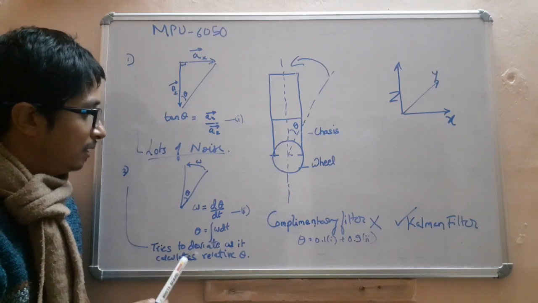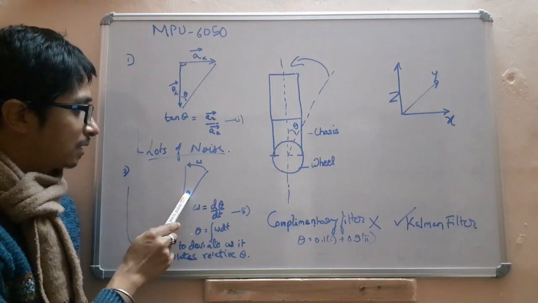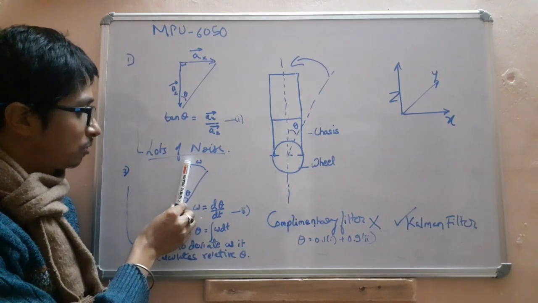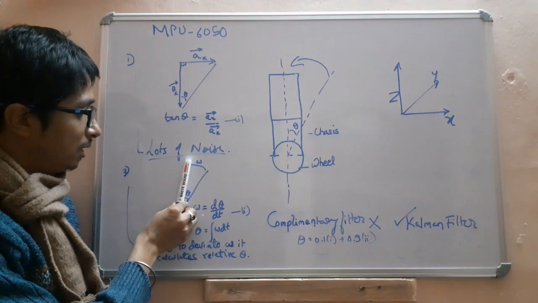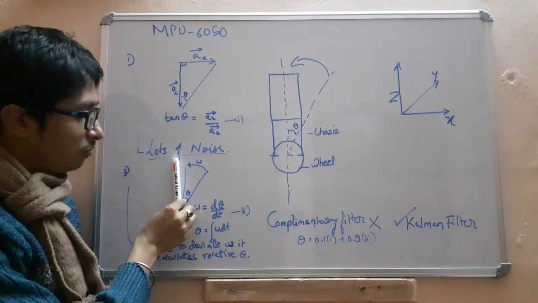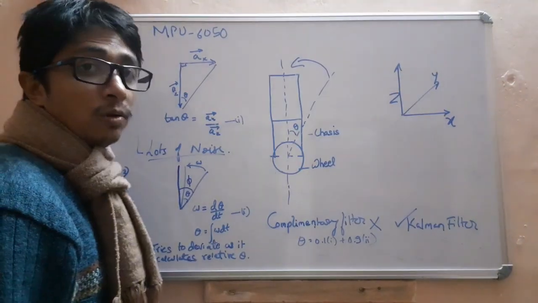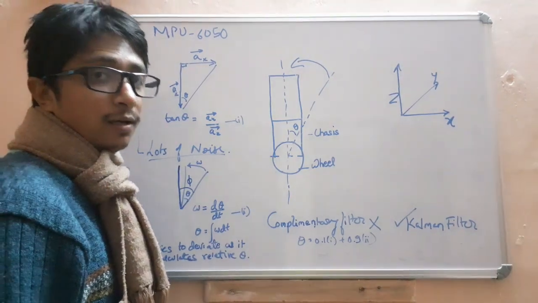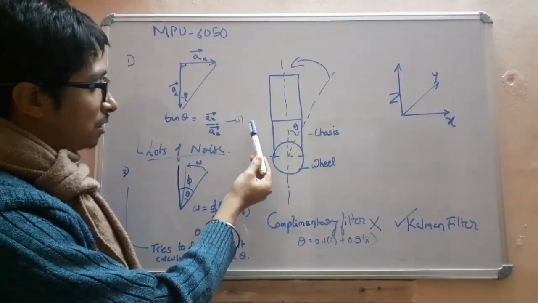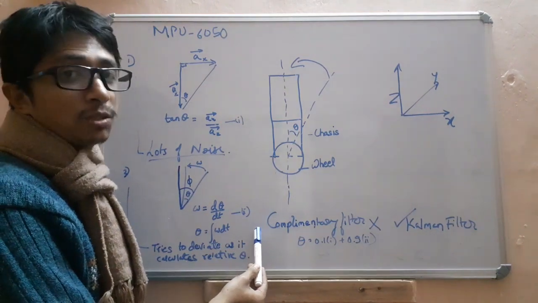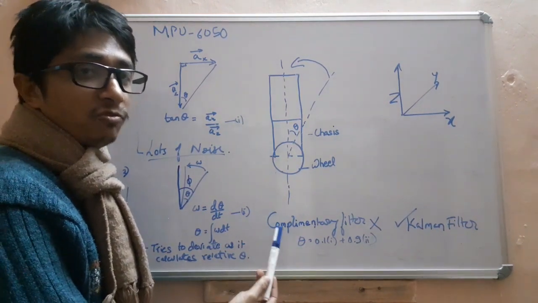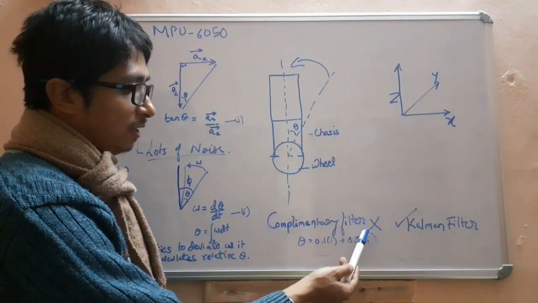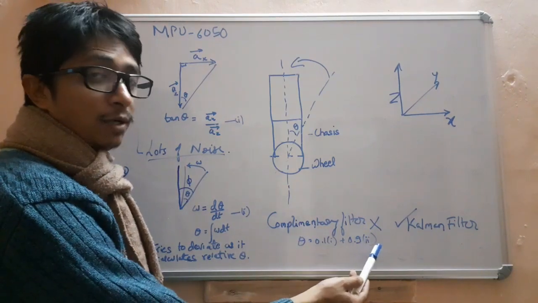For example, if we calculate theta using omega, it will show theta with respect to its initial position, but we will never get to know it from the zero position. So in order to get an error-free value of theta, we try to combine method 1 and method 2 in the best possible manner, and in my previous video I have shown that we can combine this using what is known as a complementary filter, by using this equation.